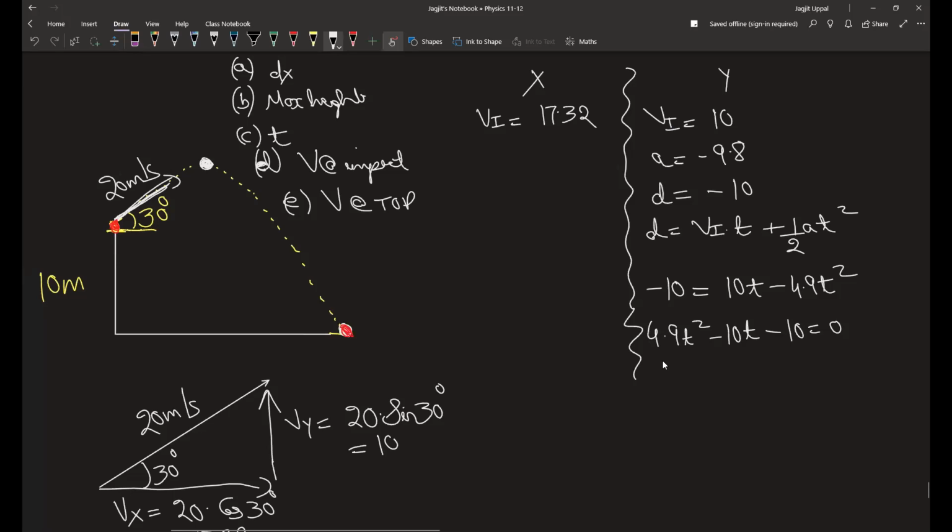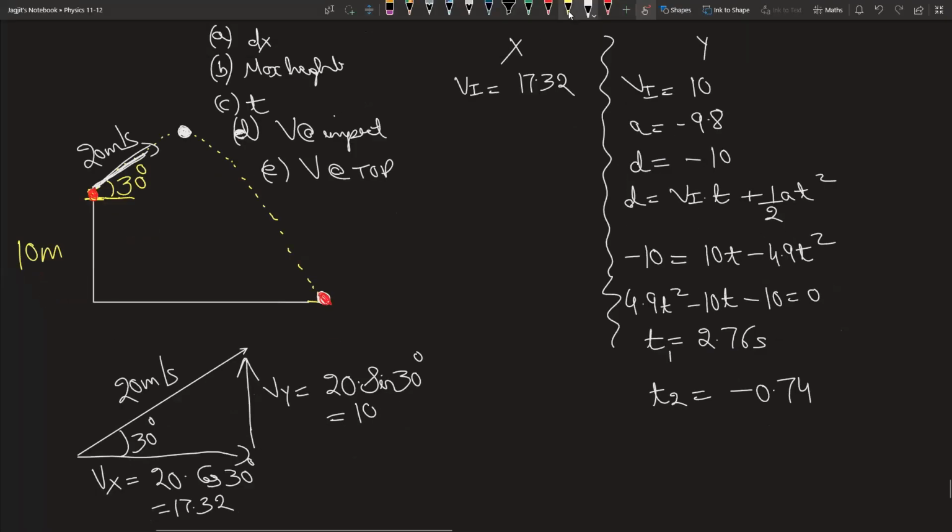Okay, guys, so when you punch this equation in, which is 4.9 t squared minus 10t minus 10, you should get two answers for time. First is 2.76 seconds. And the second answer that you get is negative 0.74. Guys, can your time ever be a negative number?